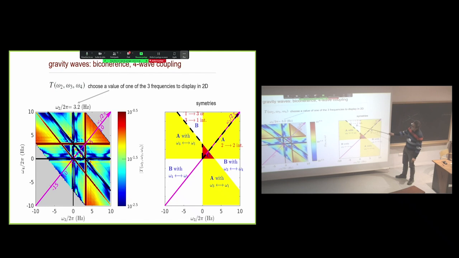Now there are the white regions here. In these regions, we change the sign of one of the frequencies, which is equivalent to saying that we have the wave omega 2 here. So it's a 3-1 interaction.